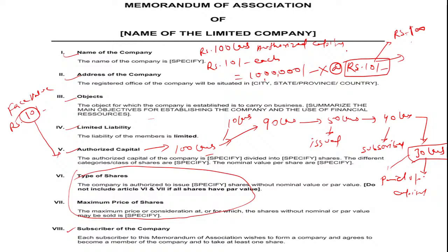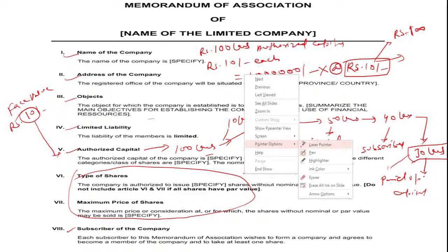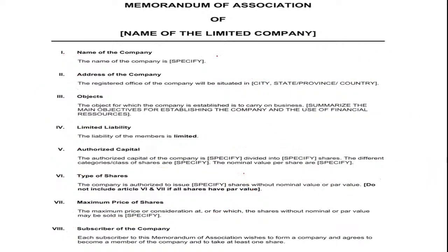Suppose the company has floated, let me remove these things first, then I will discuss. Suppose the company has raised 1 lakh shares at rupees 10. Okay. So if the company sells the entire shares, the company will receive 10 lakh rupees, right?